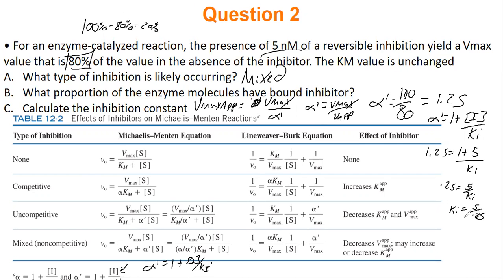Let me just do that really quick on my calculator. Divided by 0.25 equals 20. So our inhibition constant here is 20 nanomolar. That's Ki prime.